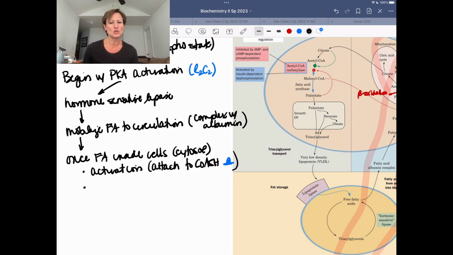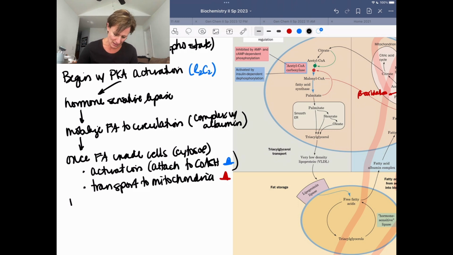And then we're going to need to transport into the mitochondria. I'm just going to make our little red hat there reminding us that we need to use that carnitine transporter. Okay, and then we're going to be inside the mitochondria.